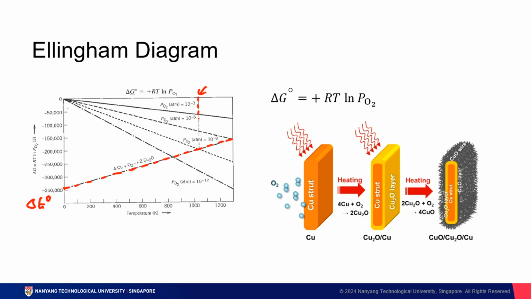So he can just draw a line downwards. Once he figures out the operating temperature of his furnace, the point where they intersect will give you the PO2, which in this case is 10 to the power of -9 atmospheres. As long as the engineer keeps the oxygen pressure below 10 to the power of -9, he will get pure copper as a product. If it exceeds 10 to the power -9, the copper will begin to oxidize. So you can see exactly how important Ellingham diagrams are in order to maintain stable furnace operations.